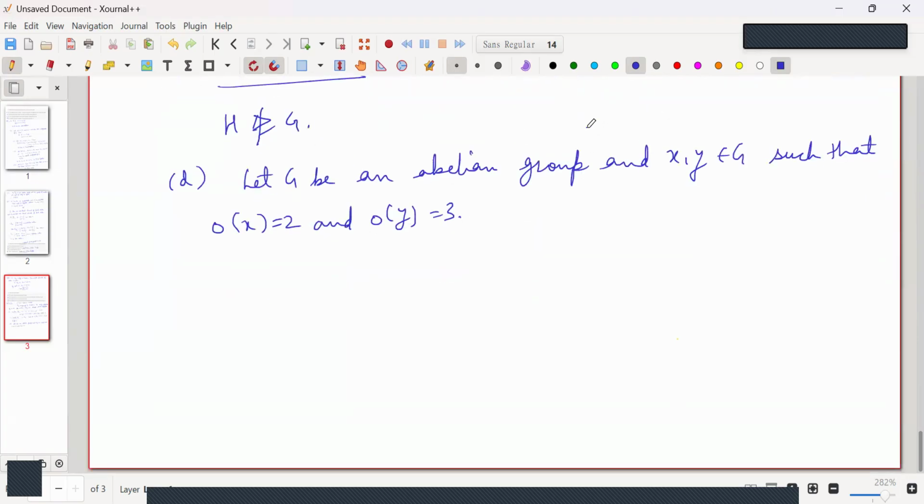We already know that (XY)^n should be X^n Y^n, right? For all X, Y in G, because it's abelian.